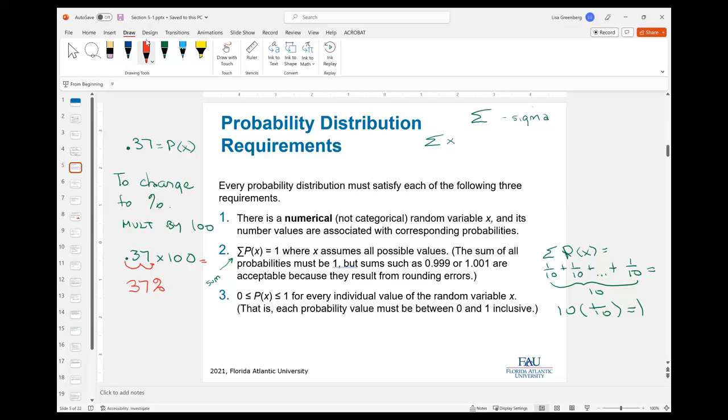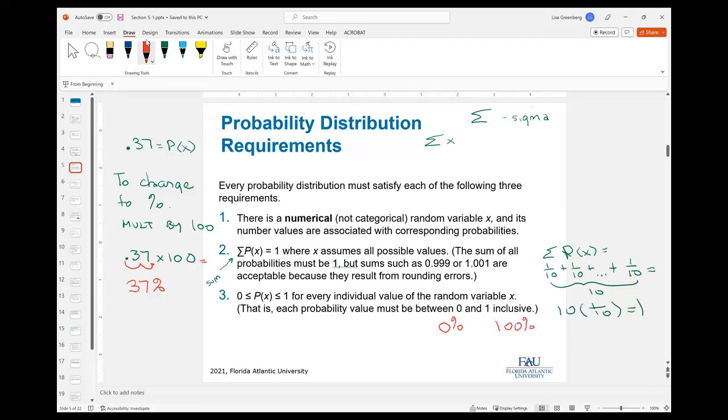Okay, so why do I have to be between 0 and 1? Because 0 is the same as 0%, which means I have no possibility. It's impossible for it to happen. So I can't have negative probabilities. What would that even mean? And 1 times 100 is 100%.